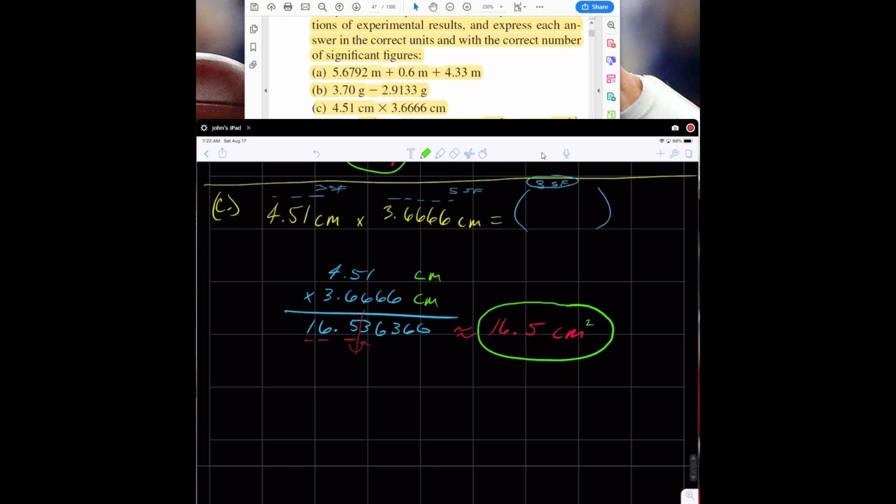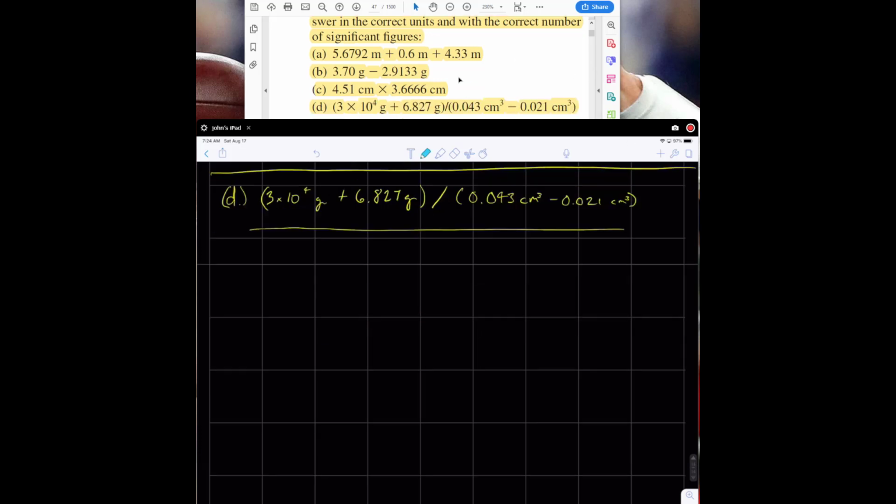So, getting a little tired here, but when we're multiplying centimeters times centimeters, we get centimeters squared. So it's very important to not neglect those units, to make sure that we're writing those down, especially with multiplication.